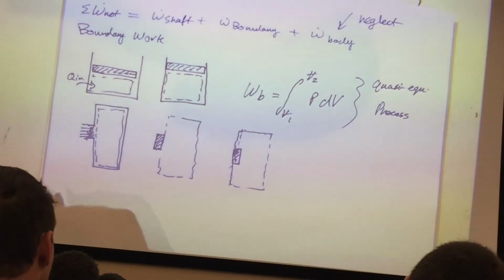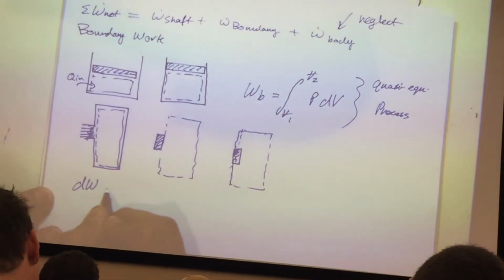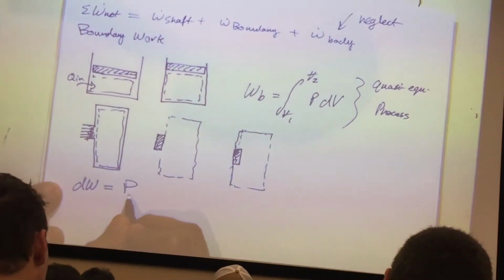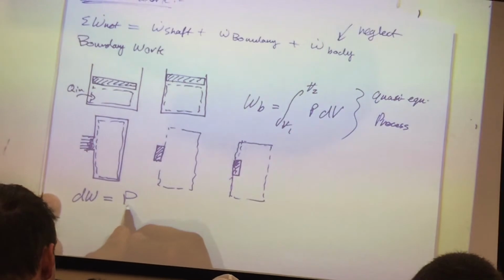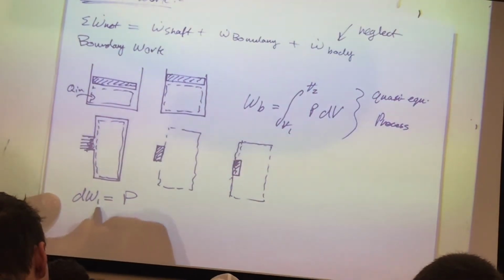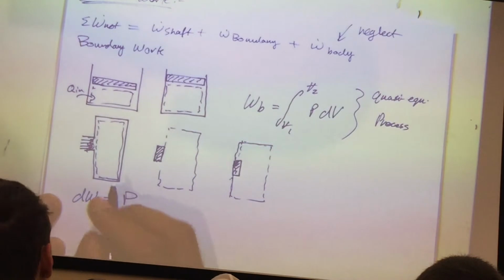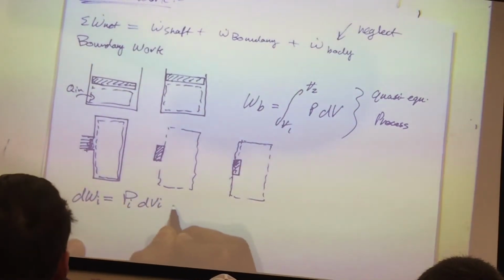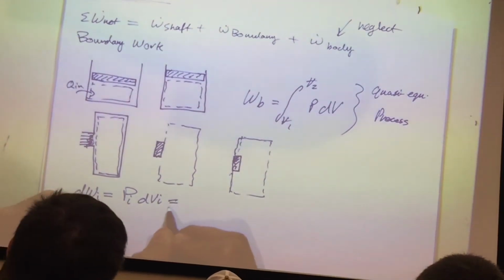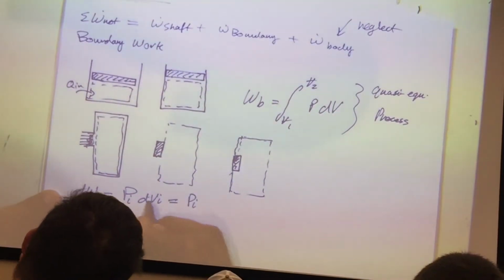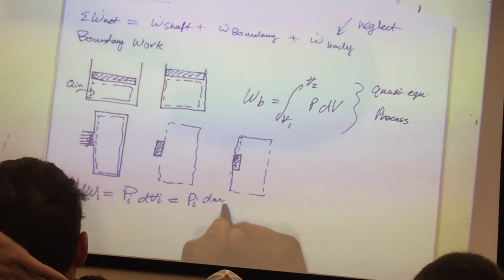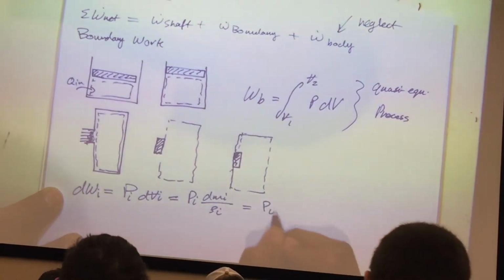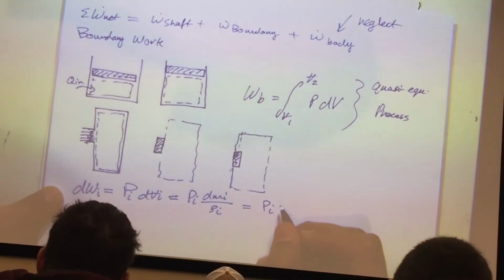So we could say that dW is equal to pressure times dV. In this case, it's work in, right? I'm doing work in onto the fluid, so work in is pressure in times dV in, and I can decompose that into pressure in over rho in times dm in, since this is volume and I have mass.